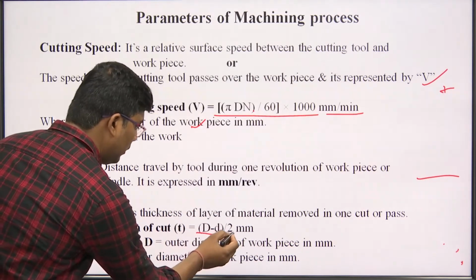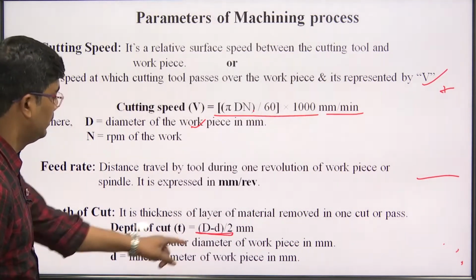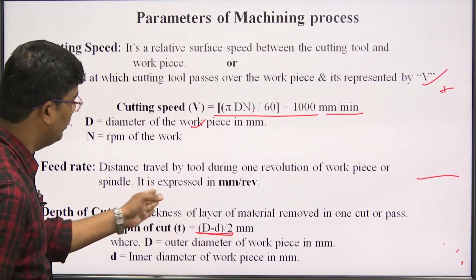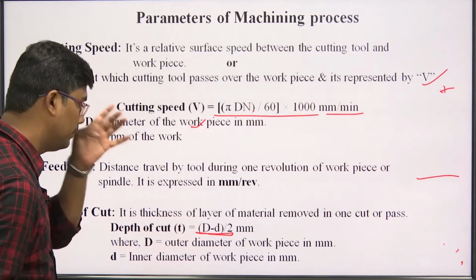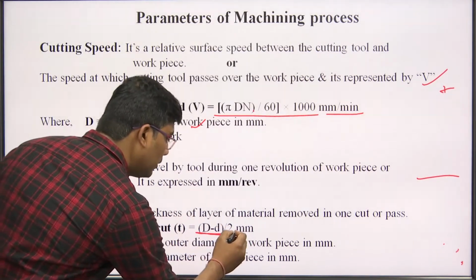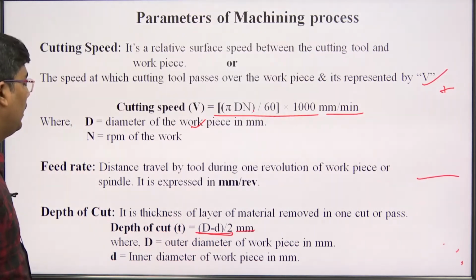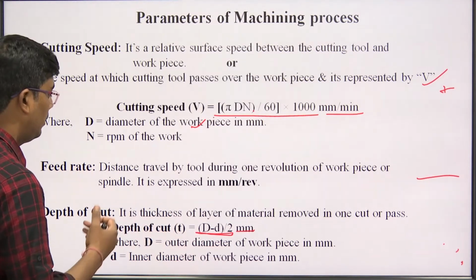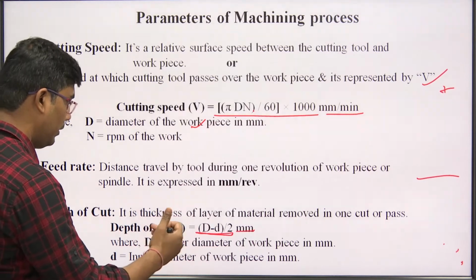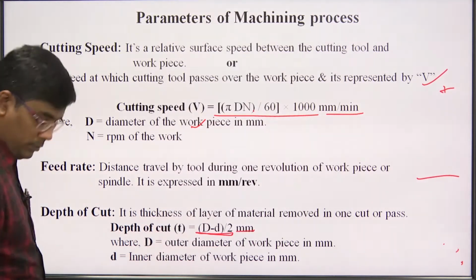So, that is the thickness obtained by the difference between initial minus final, divided by 2. Its unit is mm. So, depth of cut can be found out as (D minus small d) by 2, in mm. Okay.